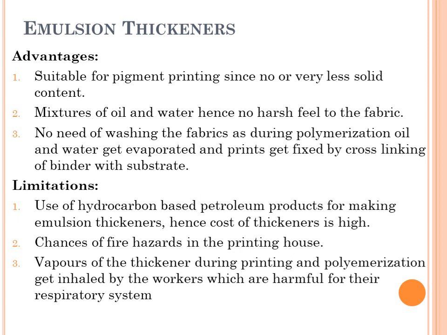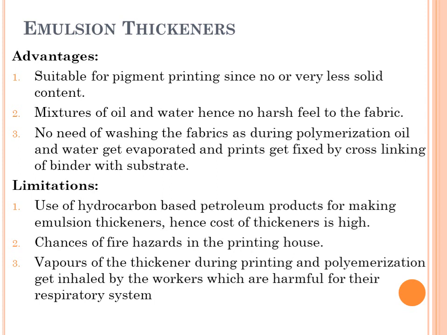Next limitation is chances of fire hazards in the printing house. Once we are printing, we dry the prints and then take them for polymerizing on the stenter machine. The temperature is high over there, 135 to 150 degrees Celsius. If any traces are left over there or the evaporated fumes, those may catch fire if anything goes wrong.